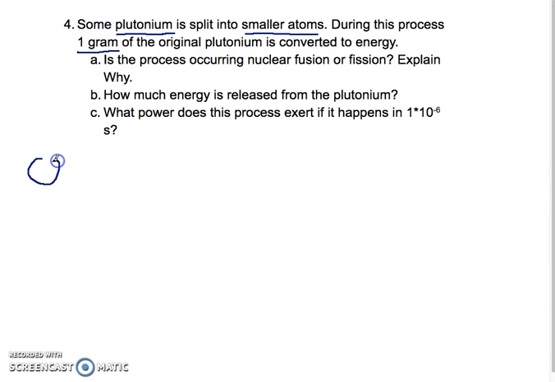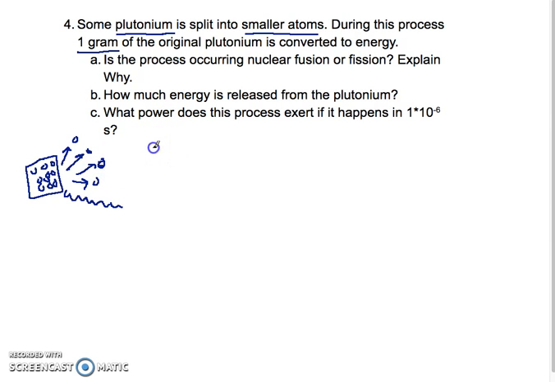We have some plutonium, a bunch of plutonium atoms, and it's getting split into smaller atoms. And then you're also releasing energy from this. It's saying 1 gram of that mass of plutonium is getting converted into energy.